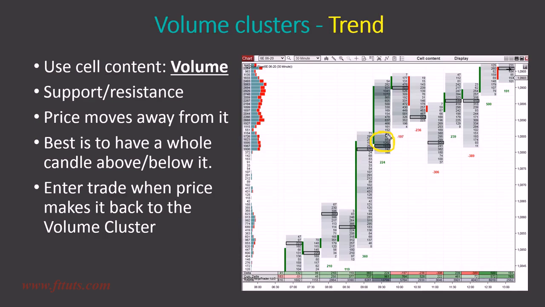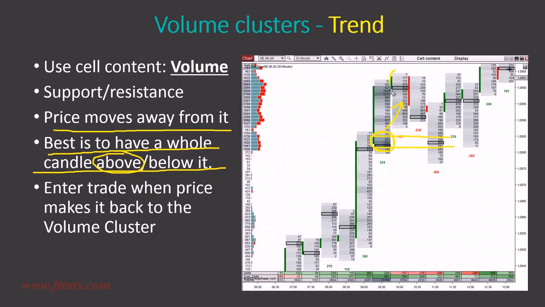All right, so this is what you want to see. And then you want to see the price move away from it. So the price goes higher, and best is to have a whole candle above it. In this case, this is an uptrend, so you want to see a whole candle above this area.